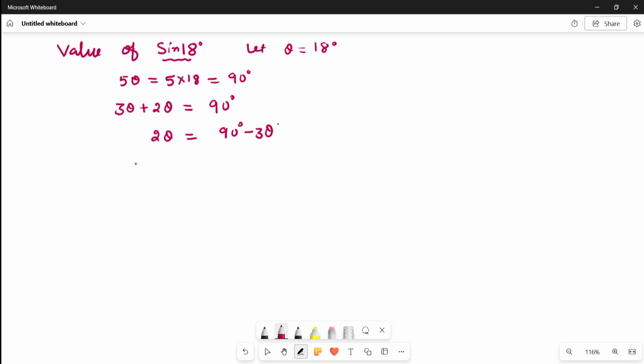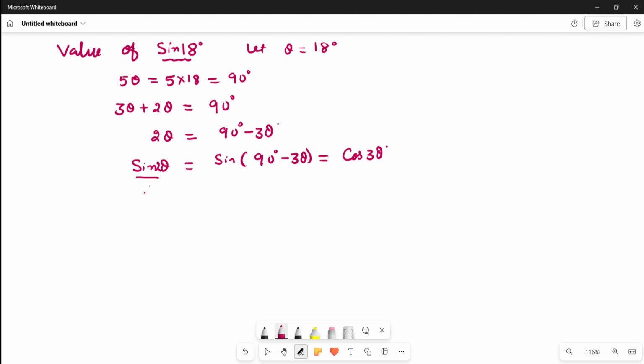Take sine on both sides. So sine 2 theta is equal to sine of 90 degree minus 3 theta, which is equal to cos 3 theta.